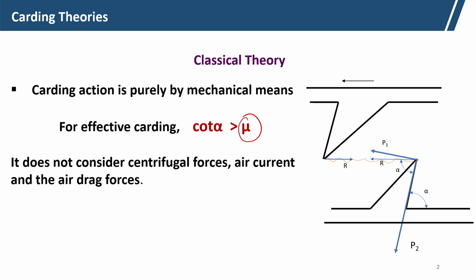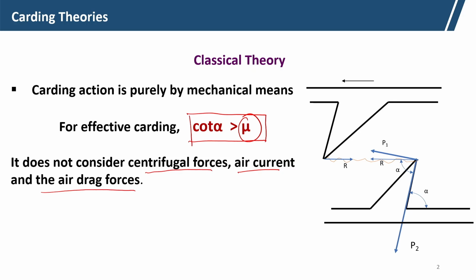So, it does not consider the centrifugal force, air current and the air drag force. So, carding action here, during derivation of this equation, we have only considered the mechanical means, that is the force acting on the fiber and the coefficient of friction.